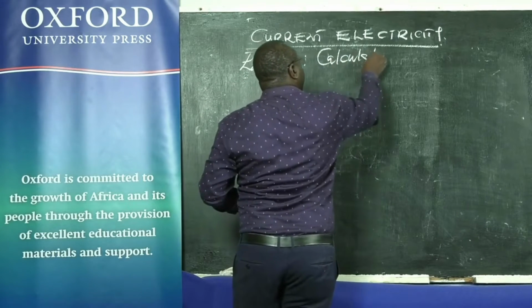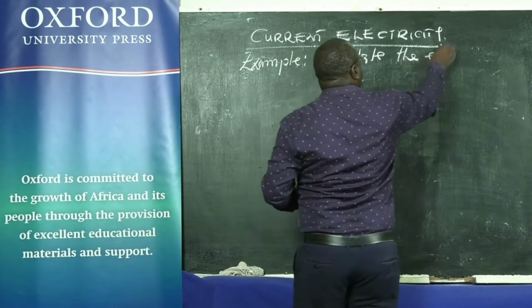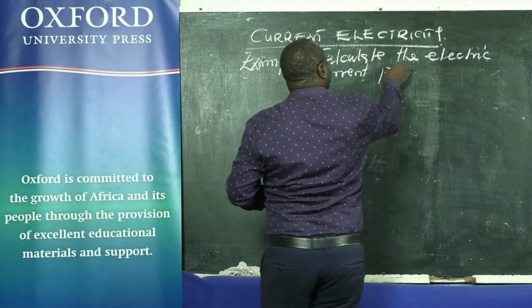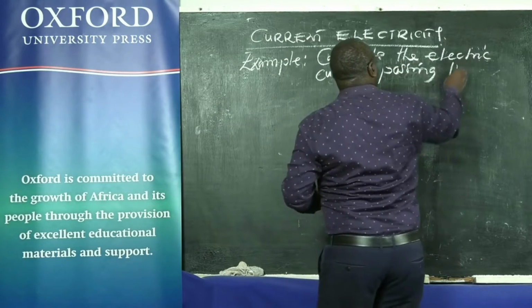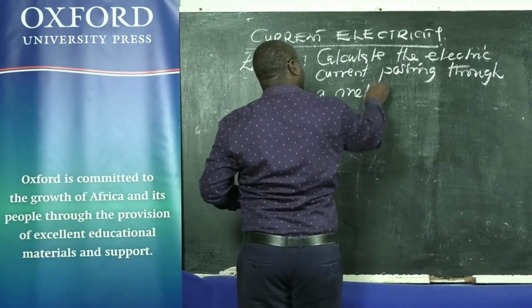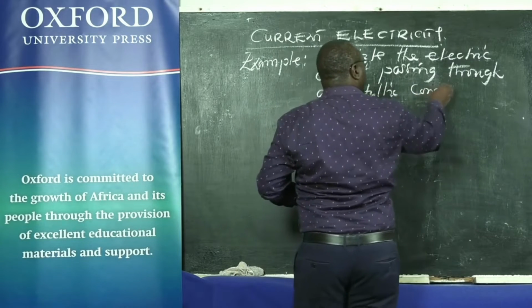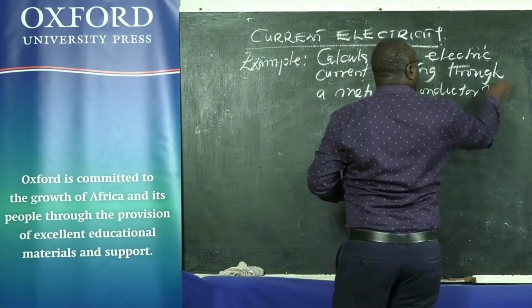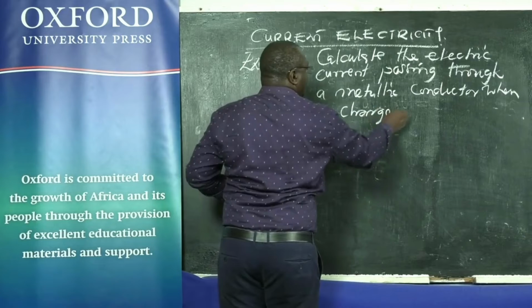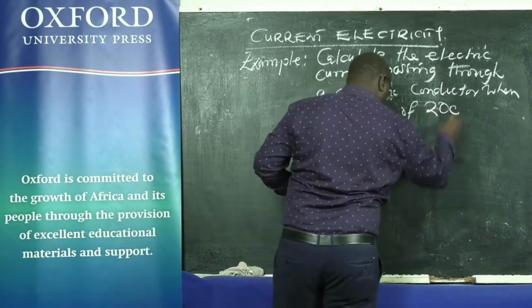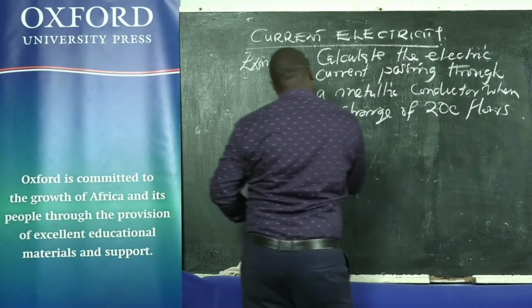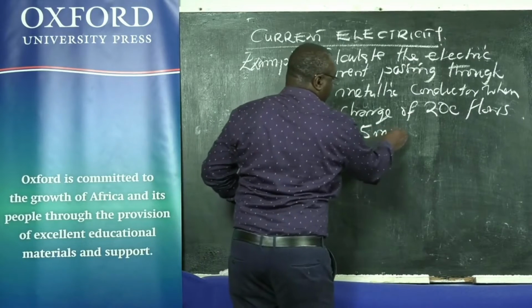Calculate the electric current passing through a metallic conductor when a charge of 20 coulombs flows for 5 minutes.